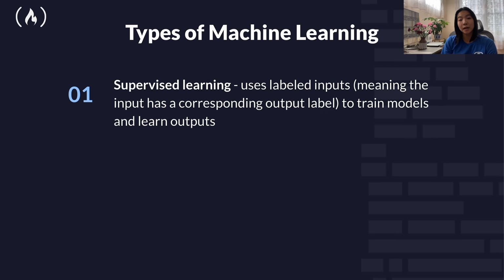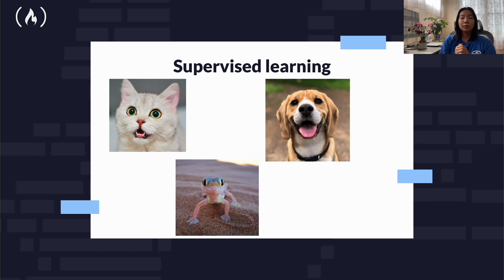So there are a few types of machine learning. The first one is supervised learning. And in supervised learning, we're using labeled inputs. So this means whatever input we get, we have a corresponding output label in order to train models and to learn outputs of different new inputs that we might feed our model. So for example, I might have these pictures, okay?